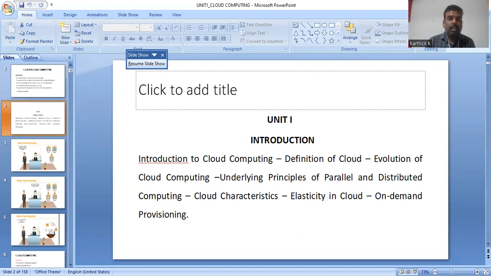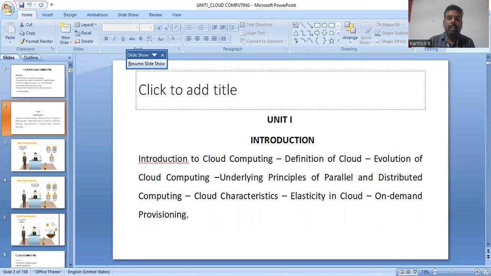For that, we will see the different kinds of services and the different types of models. Cloud computing is a model for enabling convenient and on-demand network access to a shared pool of configurable computing resources that can be rapidly provisioned and released with minimal service provider interaction or management effort.